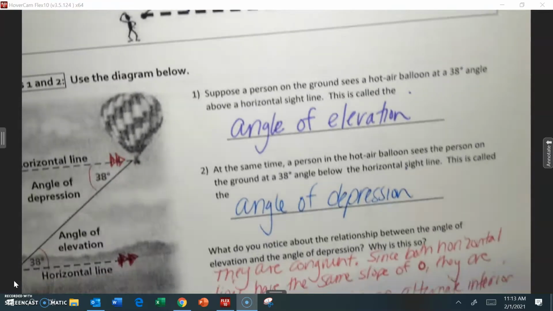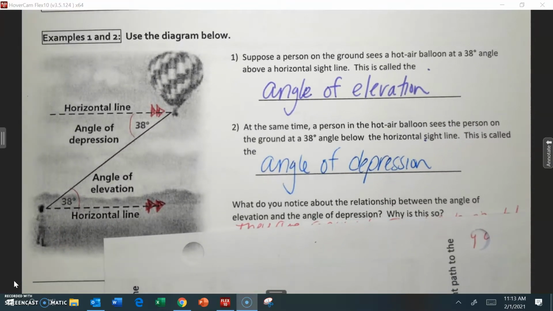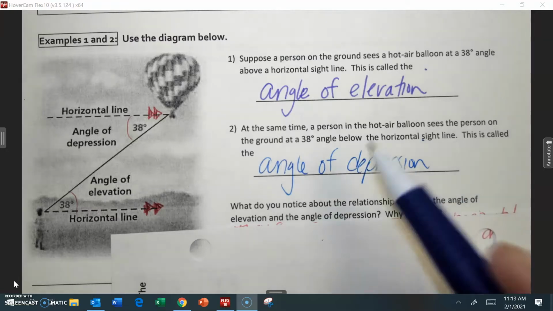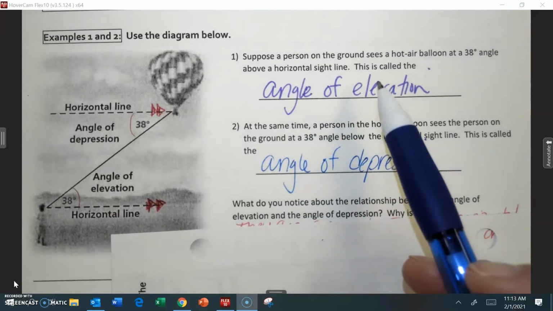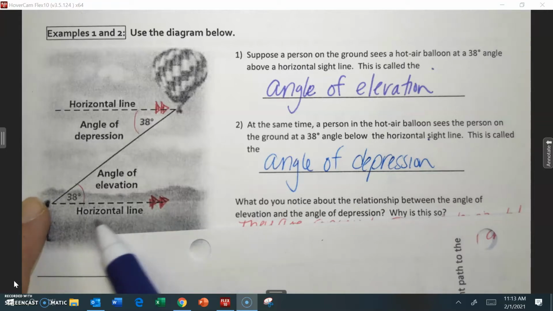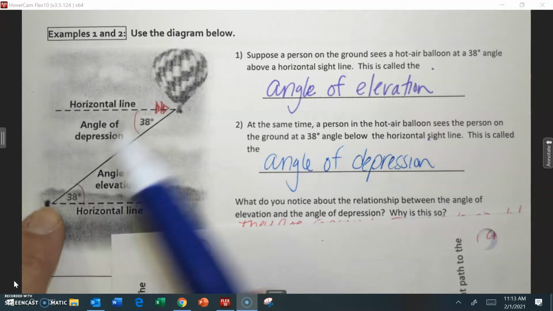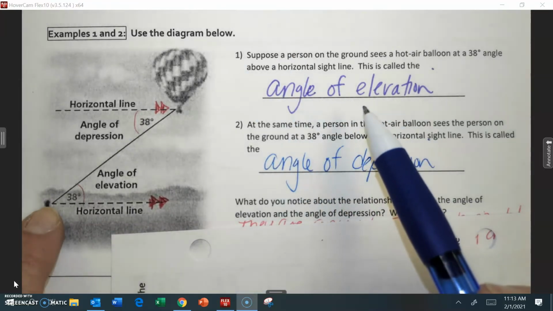All right. So in this first example, it says, suppose that a person is looking up. So here you're standing, here's your eyesight, your eyeballs. So this horizontal line here, kind of parallel to the ground, this 38-degree angle is called your angle of elevation.